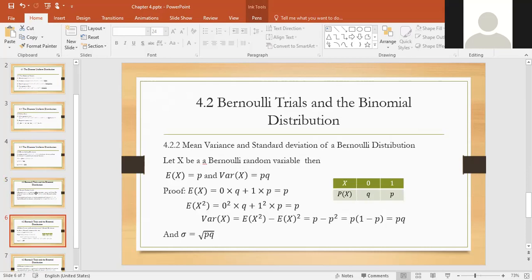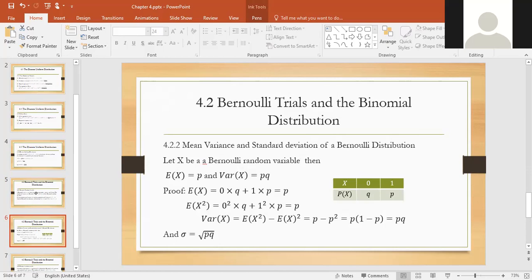So we want to define the random variable associated with a Bernoulli trial. In this case, the random variable is 0 or 1. 0 for failure, 1 for success. In a Bernoulli trial, the number of successes is either 0 or 1.